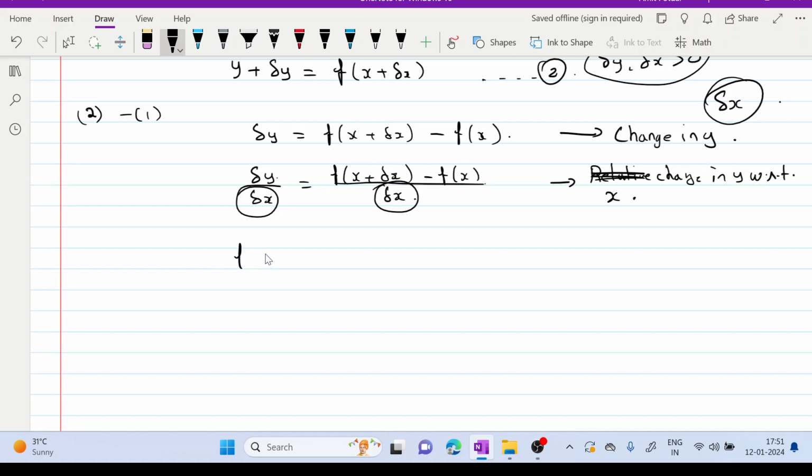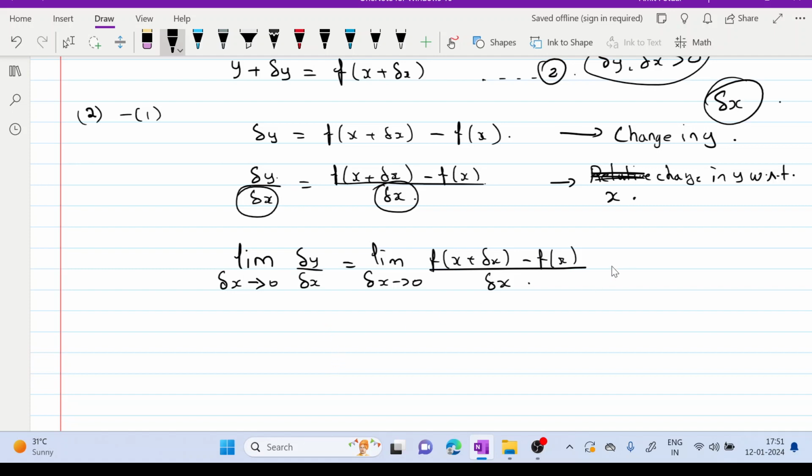So if I take it as tending towards 0 and take its limits, I get limit as delta x tends to 0 of delta y by delta x is equal to limit as delta x tends to 0 of f of x plus delta x minus f of x upon delta x. So this is my equation 3.